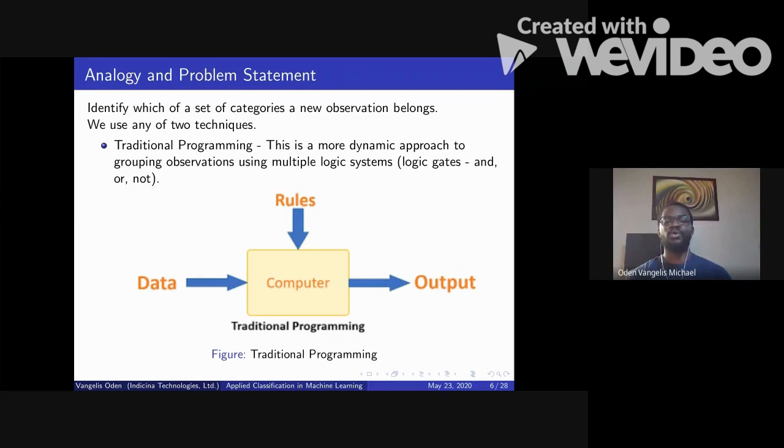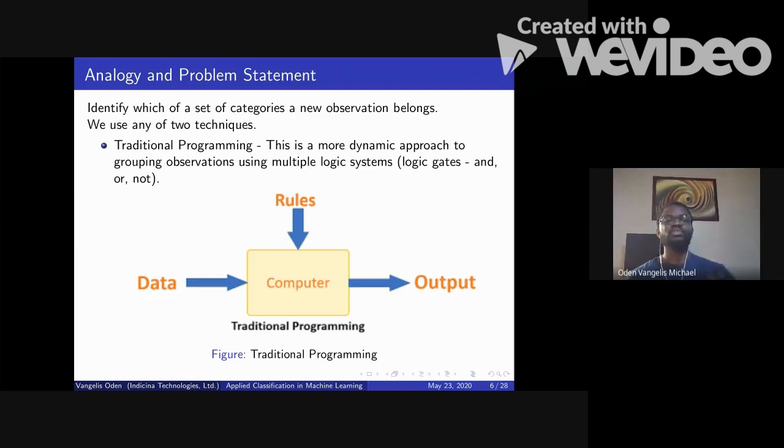So this is what helped us move from a more systemic approach of hard coding everything to a system where we allow the computer to understand what features lead to predicting a particular class.